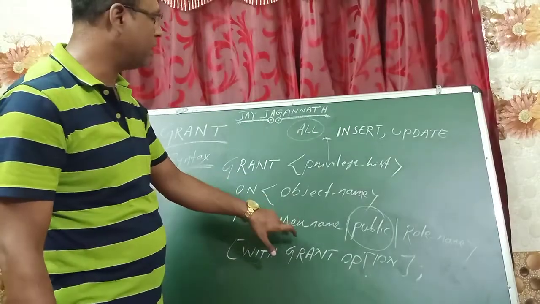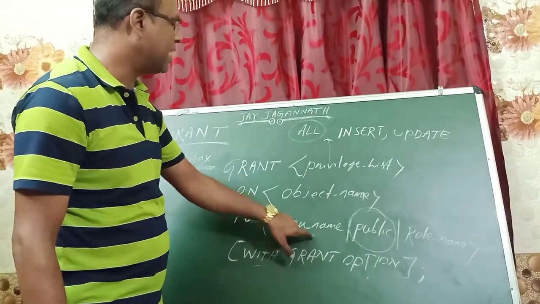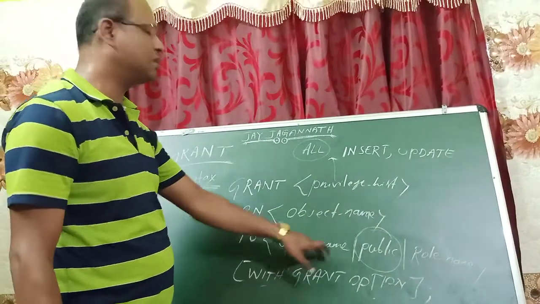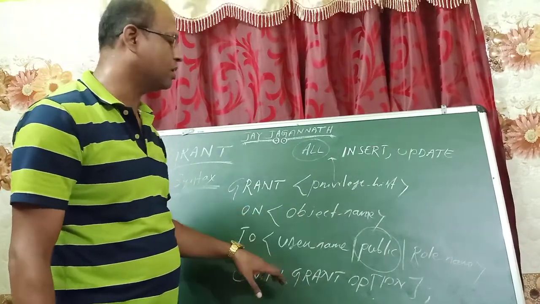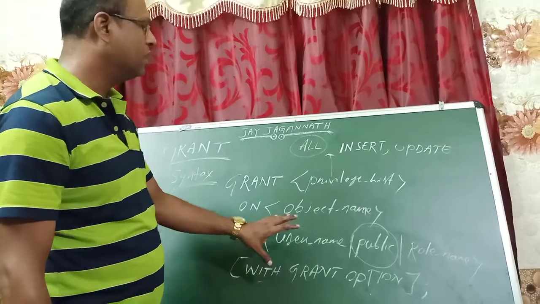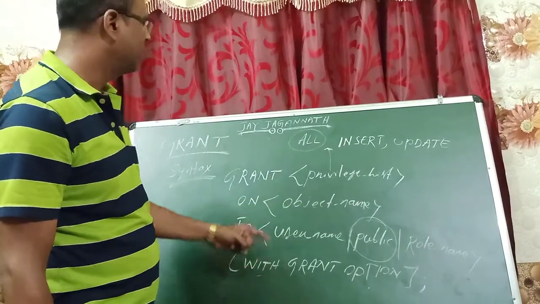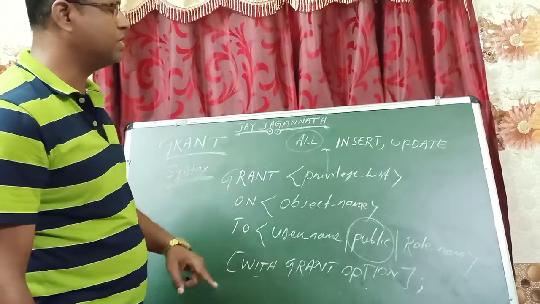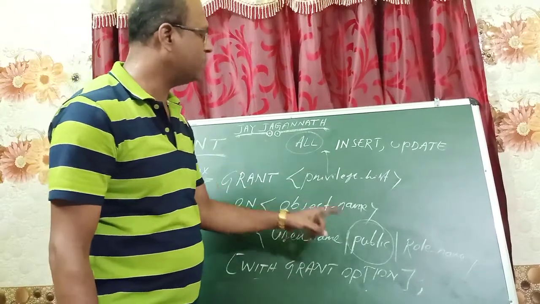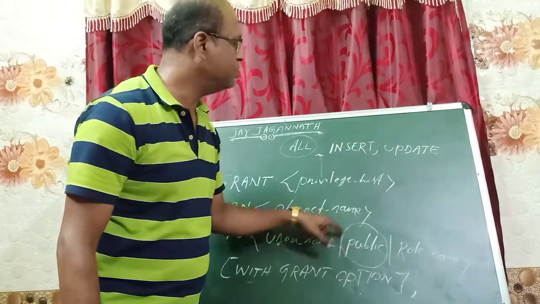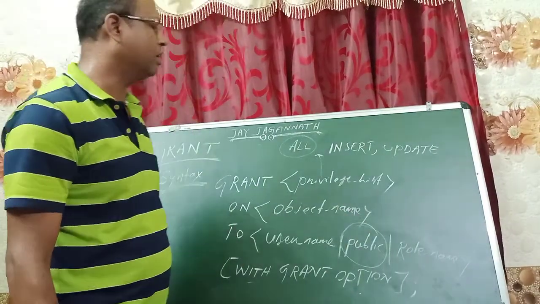Individually, in the example, we wrote that XYZ is a user, Sriram is a user, Ramesh is a user. Instead of writing individual names one by one, the DBA's intention is to provide the permission to all users. That's why we can use the public keyword here.